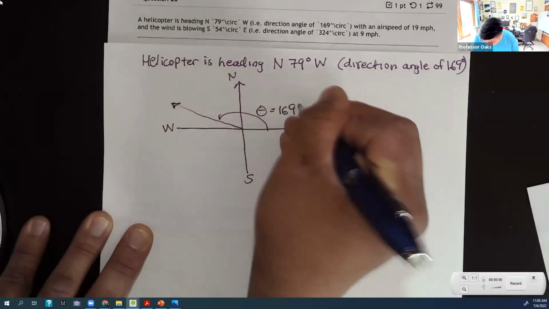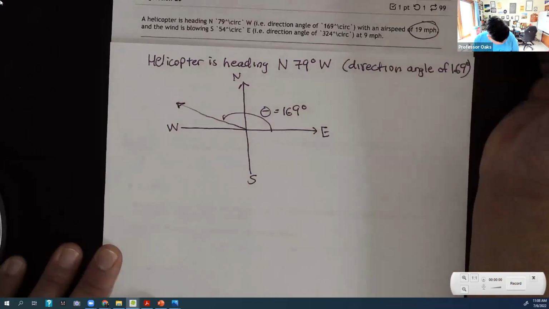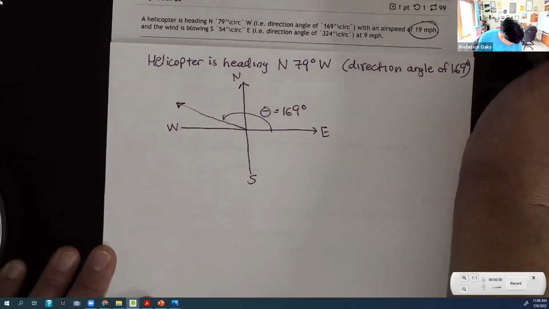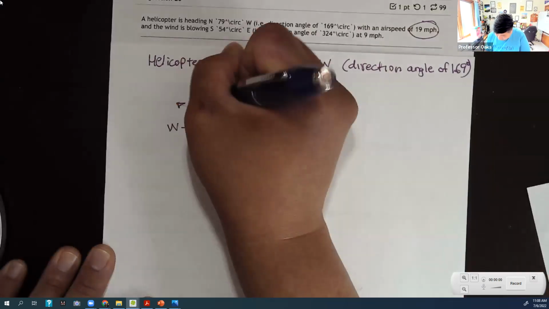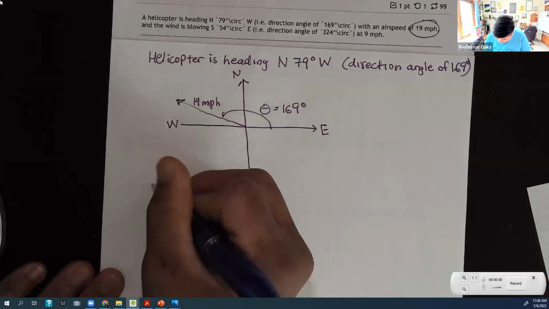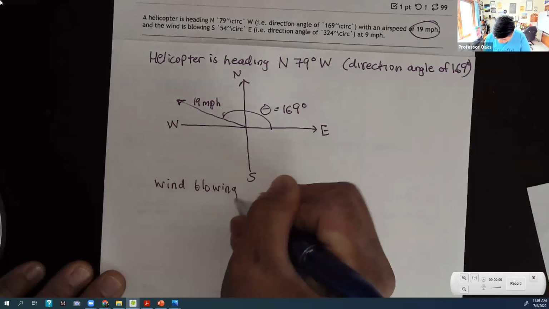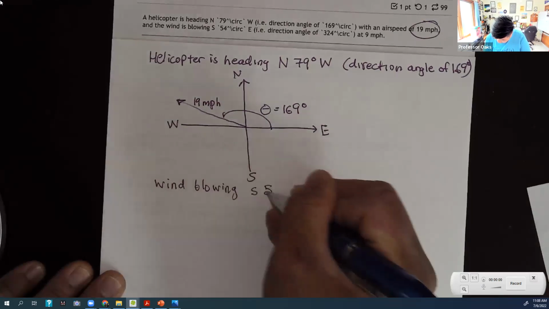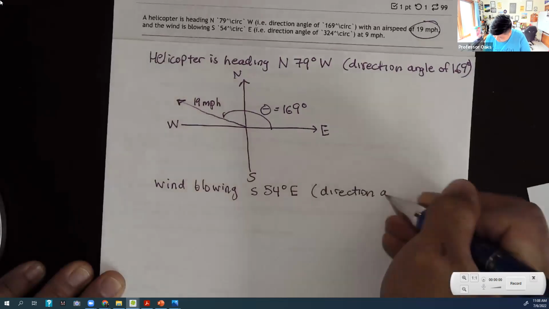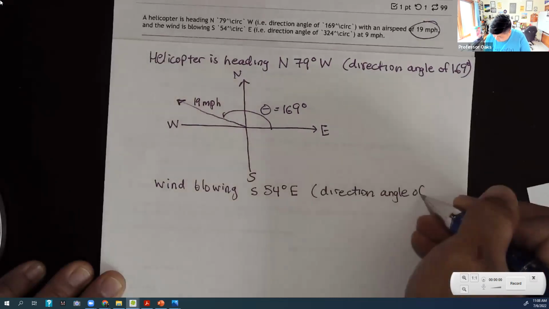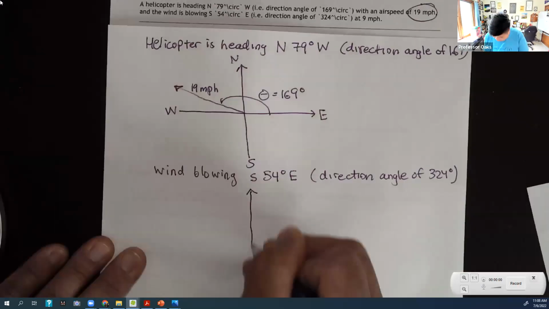This is going at 19 miles per hour. And then it says the wind is blowing at south 54 degrees east, so a direction angle of 324 degrees. That would be for the wind.